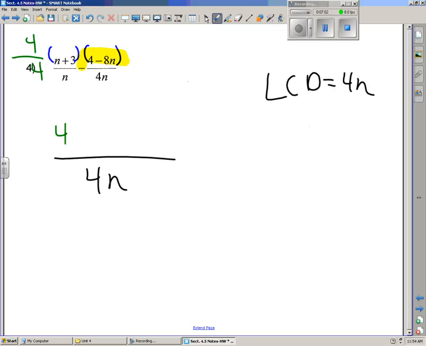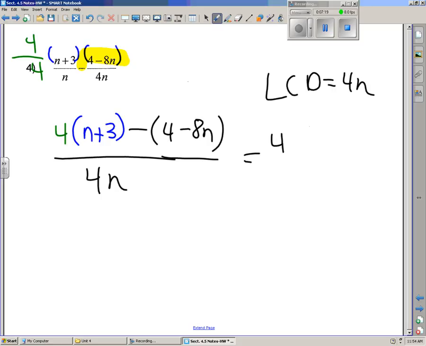My left fraction becomes 4 times the parenthesis of n plus 3, and I'm minusing the parenthesis of 4 minus 8n. I can't forget about the distributive property, which means it's 4n plus 12. And now be careful, this is like a -1.